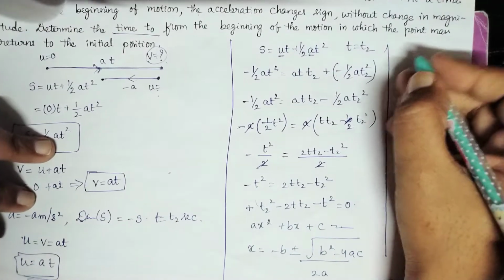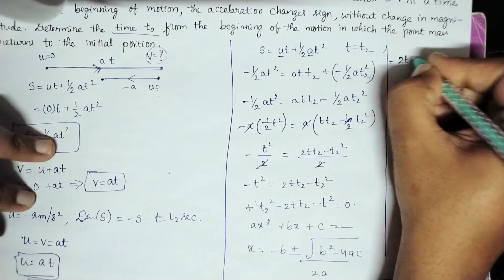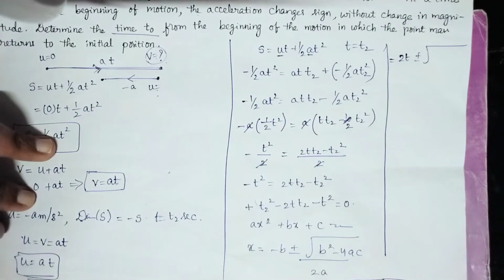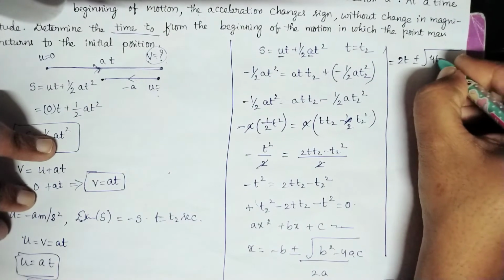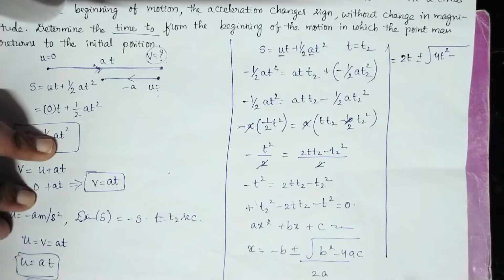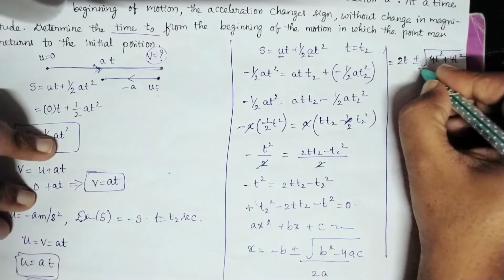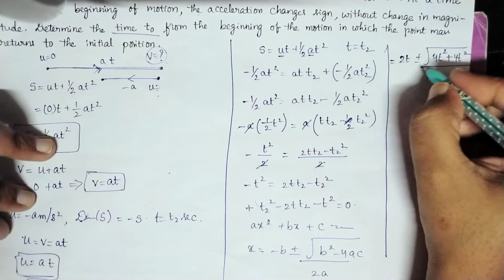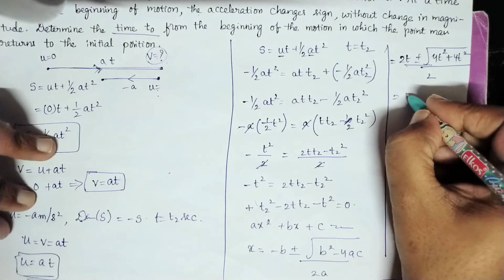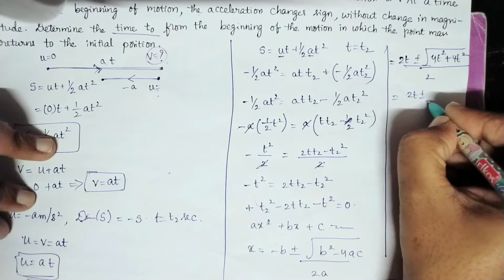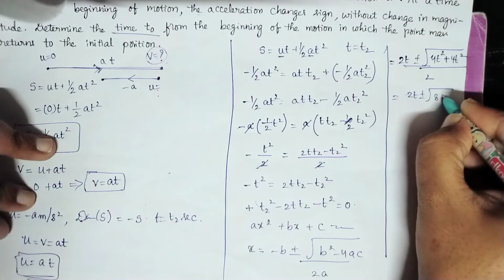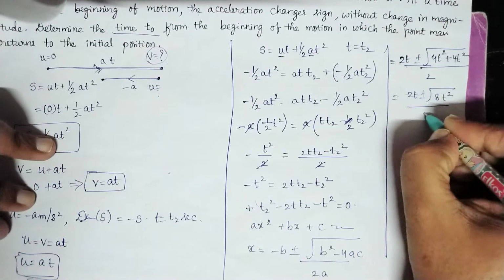Now this is 2t plus or minus root of 4t square plus 4t square, over 2. That is 2t plus or minus root of 8t square over 2.